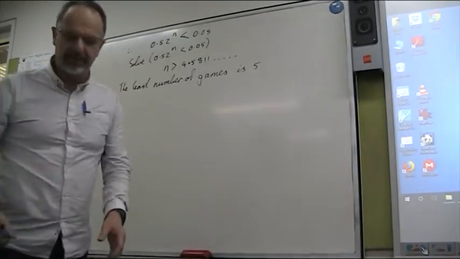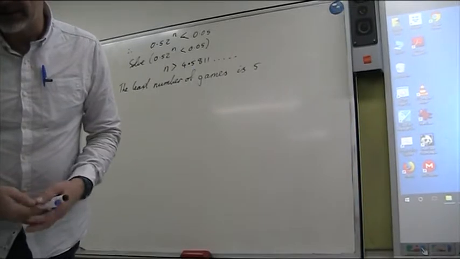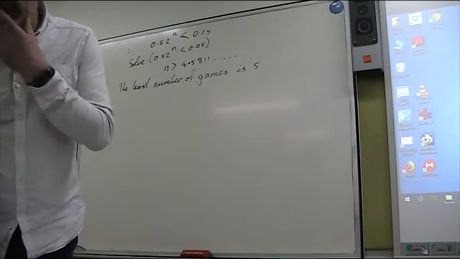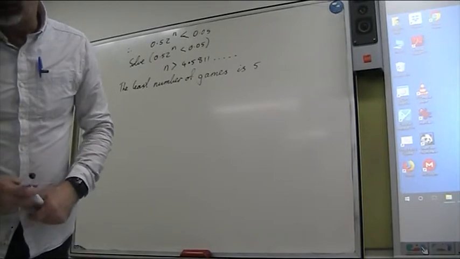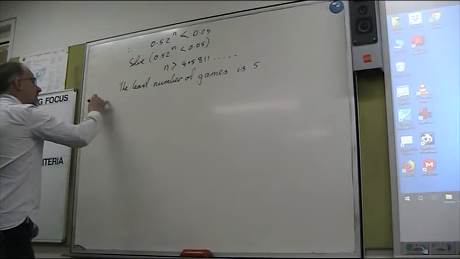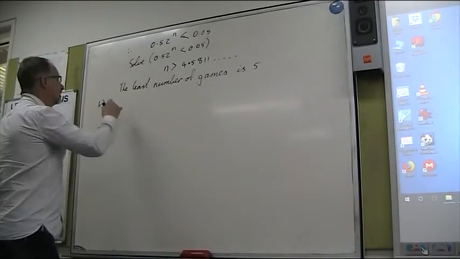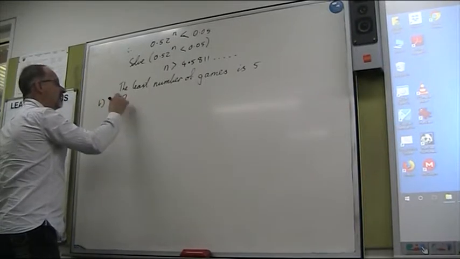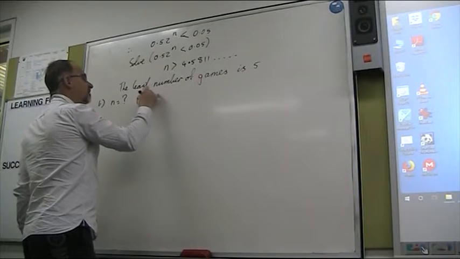Alright, part B. Second part of the game. Part B says, what's the least number of games that must be played to ensure the probability of winning at least twice? So it changes it slightly. And so n, again, we don't know. But we know the probability of winning is 0.48.